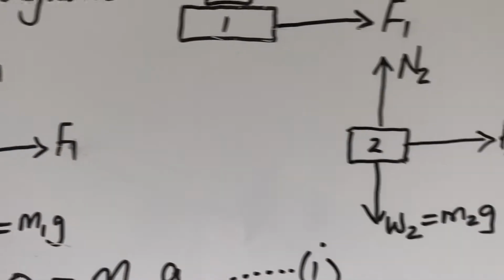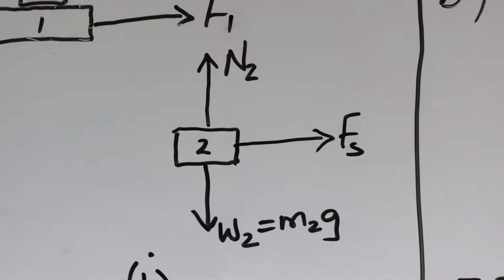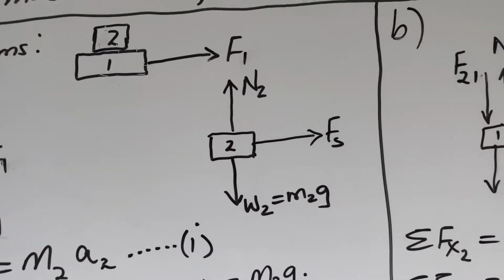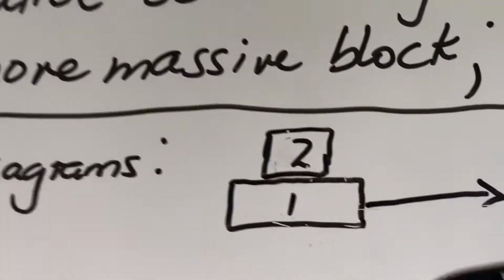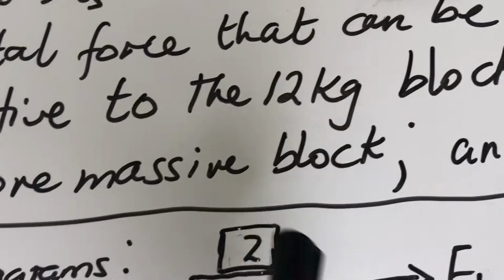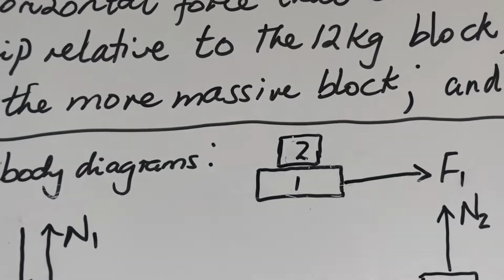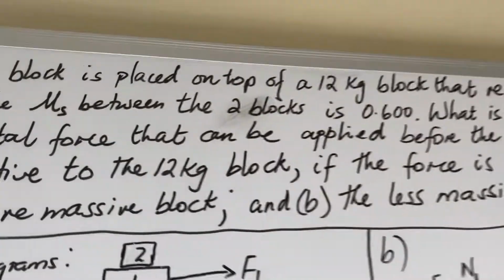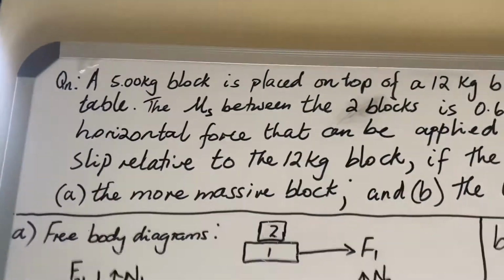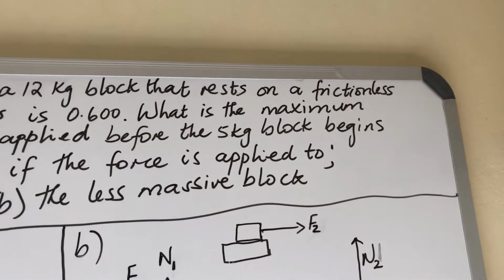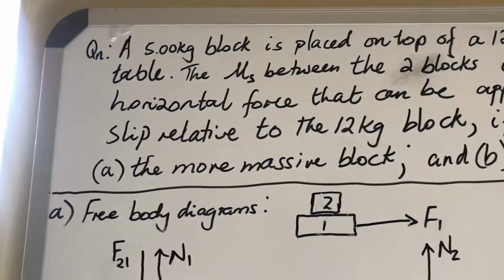Now if we zoom in on what is going to happen to the smaller block, remember we are going to pull the bigger block. The moment we pull the bigger block, this smaller block is going to be affected, since we are asking for the maximum horizontal force that can be applied before the 5 kg block begins to slip.